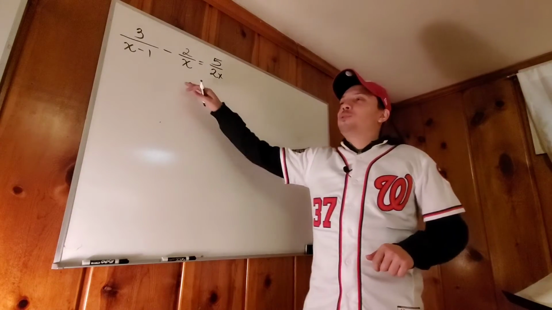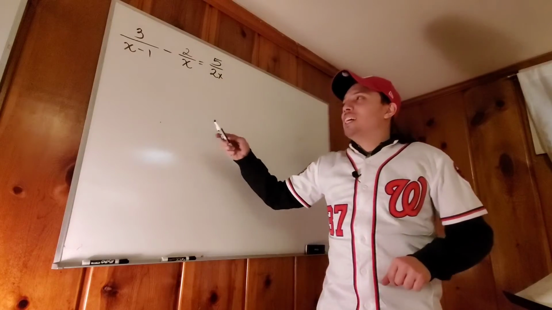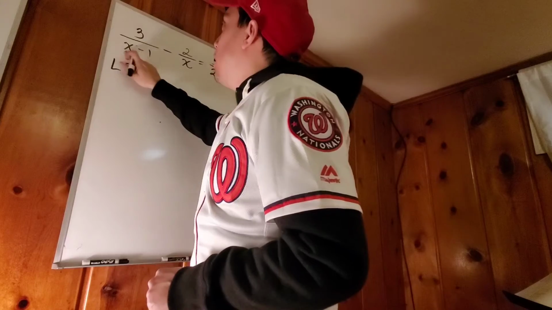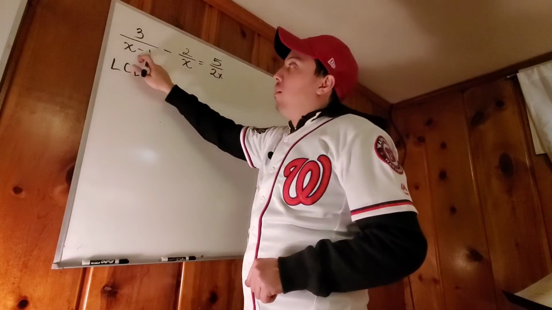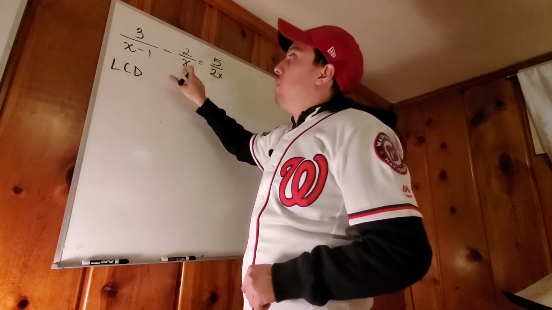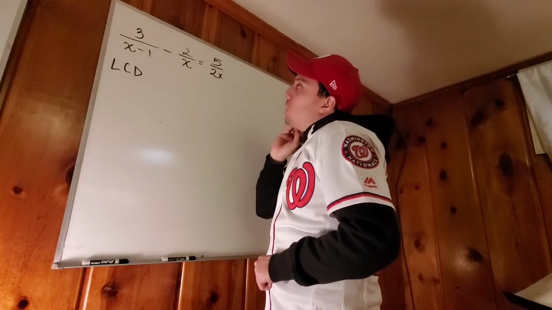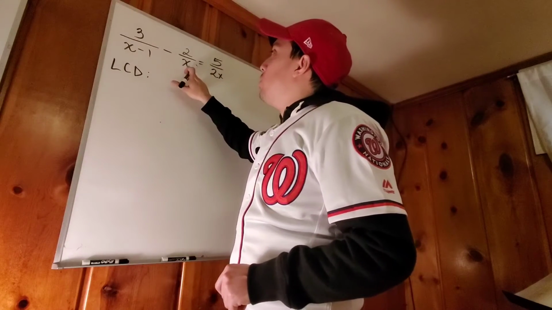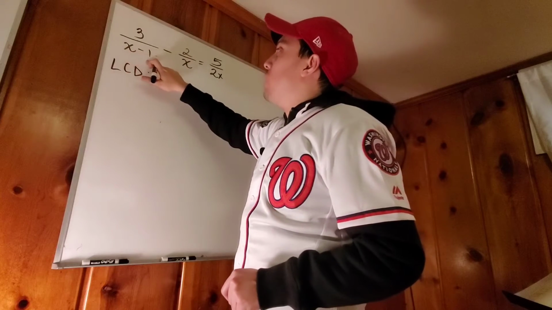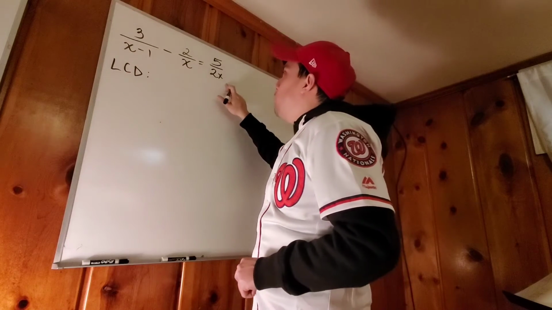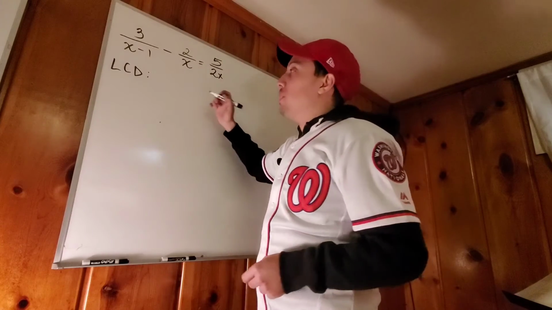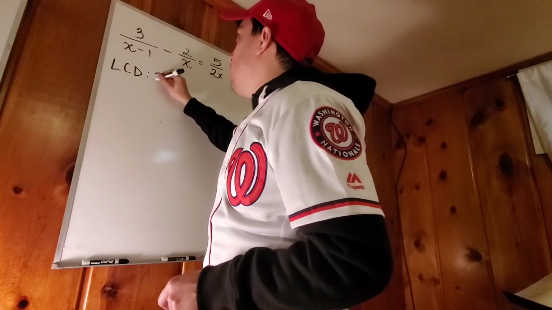Okay, so this one we have to do the LCD, the least common denominator. The least common denominator in this one is a little bit weird because we have 3 rational expressions in this equation. And so you have to know that the least common denominator is going to be what is common between x minus 1, x, and 2x. Well, from x to 2x, we just have to multiply times 2. So we do have to have that 2.